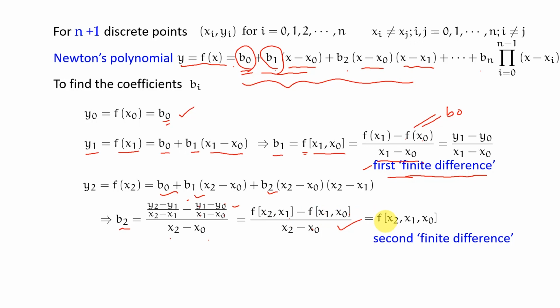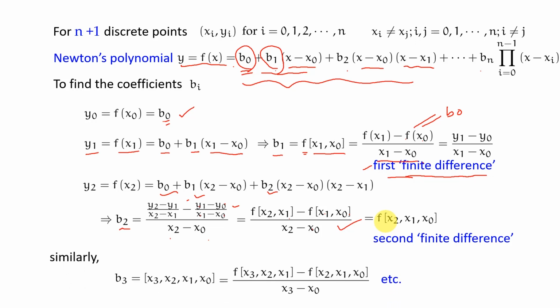So we can see that we can take one unknown at a time and we can calculate that relatively easily as compared to inversion of a complete matrix. In the same way, I can calculate b3, and we'll find that b3 will be the third finite difference. It will be x3 x2 x1 x0, and that will be written in terms of the second finite difference.